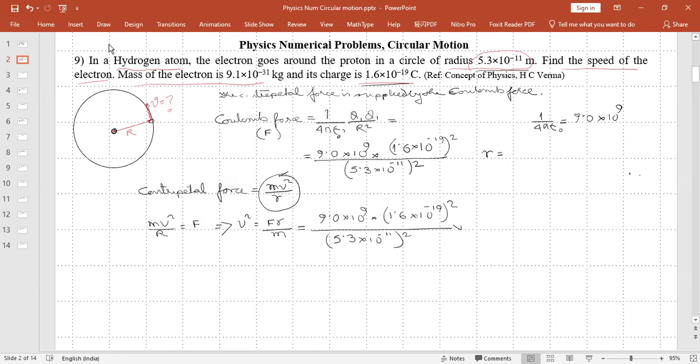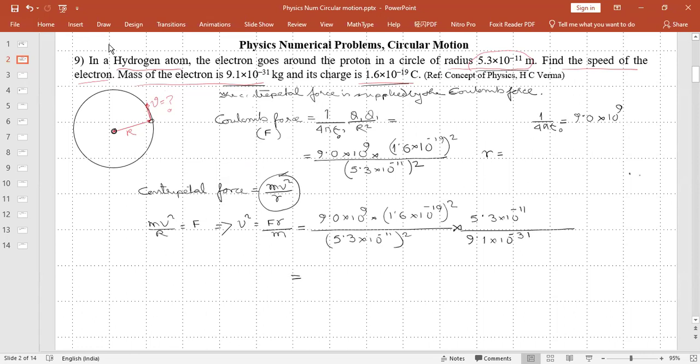This is F, multiplied by R. R is once again 5.3 into 10 to the power minus 11, divided by m. Mass of the electron is 9.1 into 10 to the power minus 31.